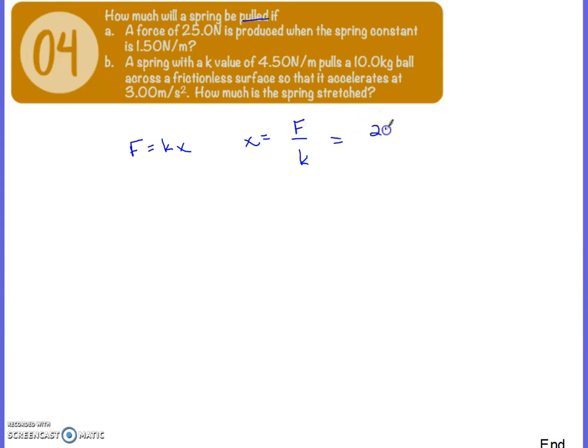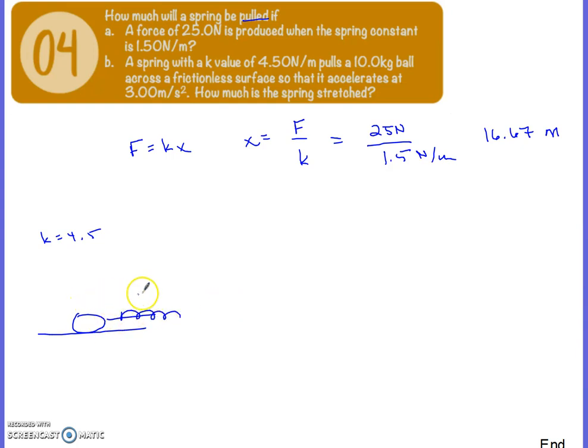And so if I have a 25 newton force and the spring constant is 1.5 newtons per meter, 25 divided by 1.5 equals 16.67 meters. I'm checking my math real quick. Yes. Okay.